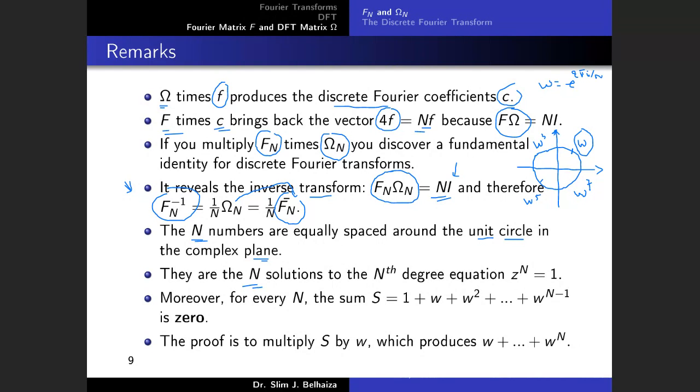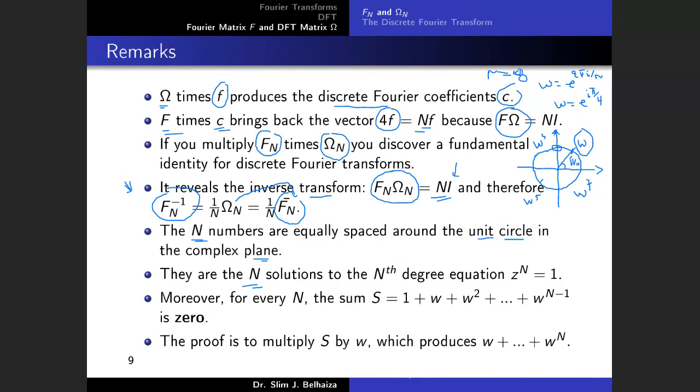If you start with 1, for n equals 8, you get e to the power 2 pi i over 8, so it's just i times pi over 4. So you see the angle here is pi over 4, correct? Okay. Now, the next one would be placed here.